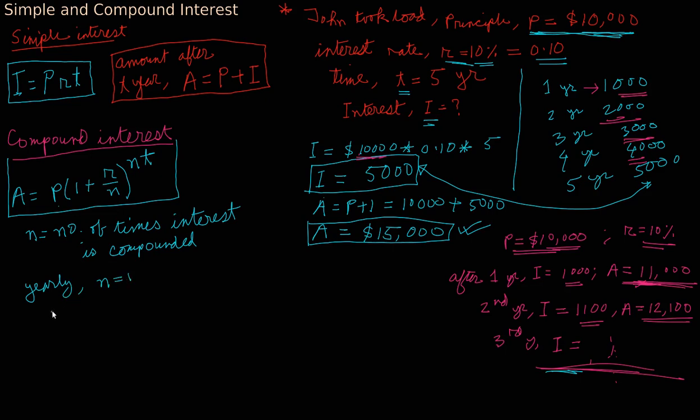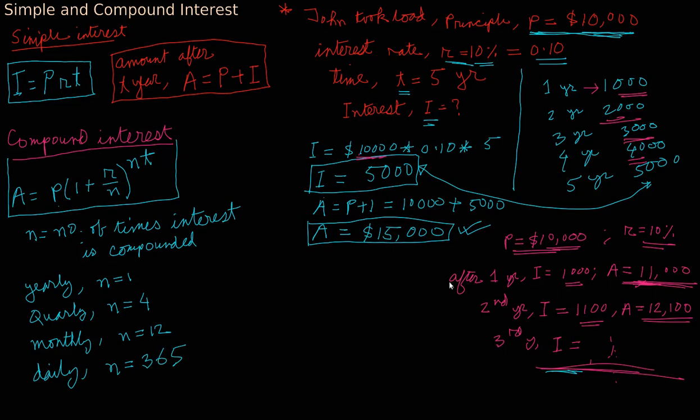If my interest is compounded quarterly, then n is going to be 4. That means my interest is compounded 4 times in a year. Now if interest is compounded monthly, then my n will be 12, because my interest is compounded 12 times in a year. And if my interest is compounded daily, then n will be 365. Okay, so this is basically the compound interest formula.